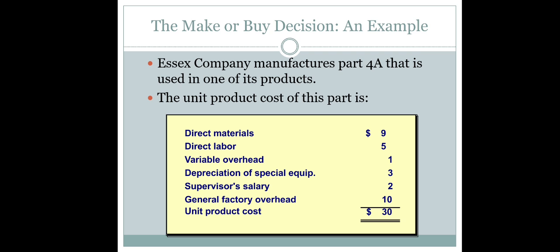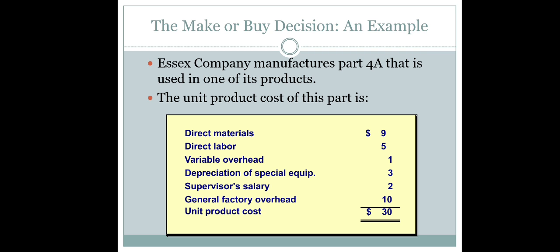Relevant cost means the cost will change when the company stops making this component. Variable overhead is relevant. Depreciation of special equipment: you know about depreciation. Depreciation is an expense that a business has to record every year. Whether you produce the product or not, you have to record the depreciation. So maybe depreciation expense here is not a relevant cost.